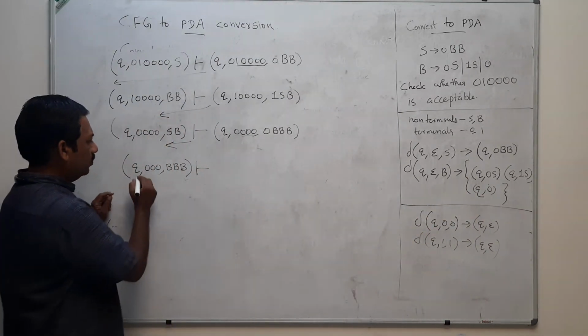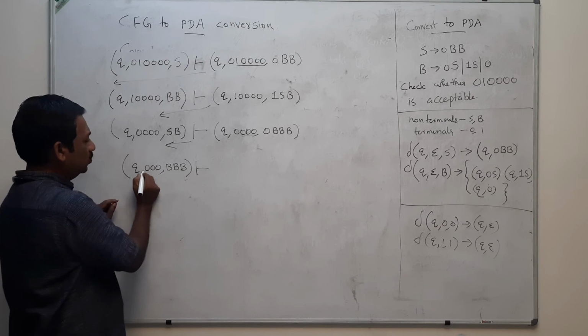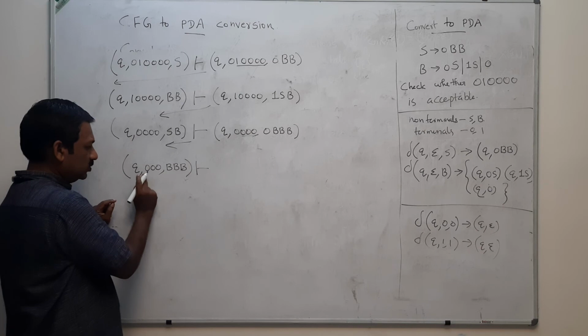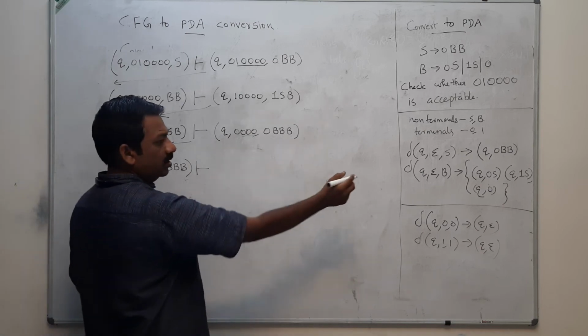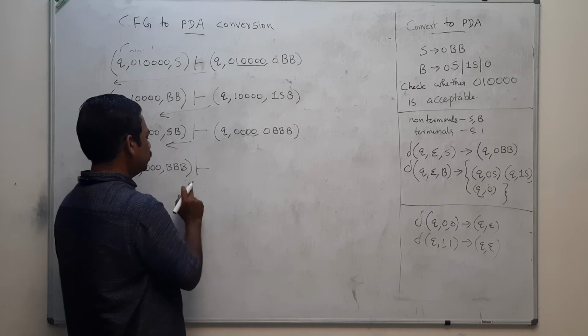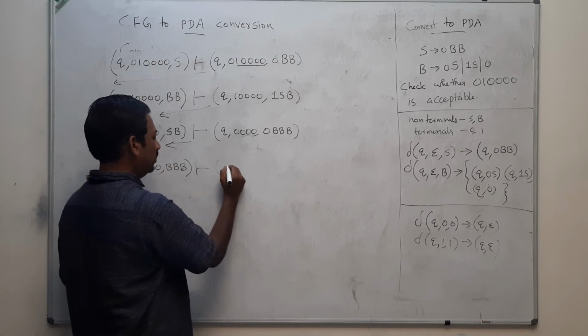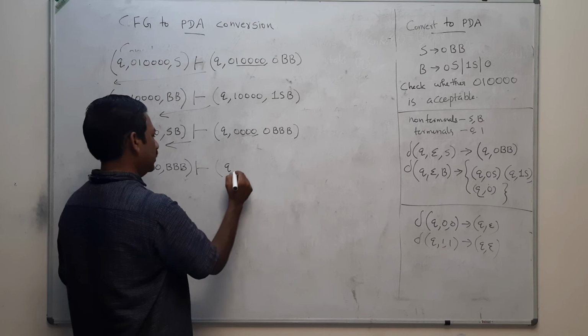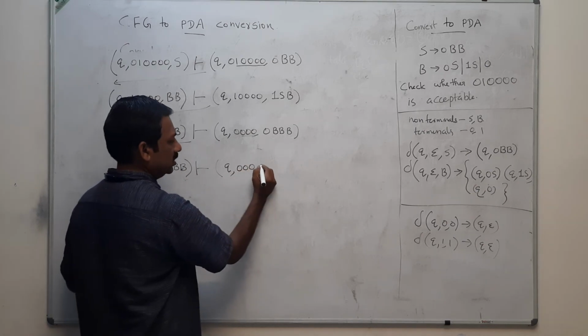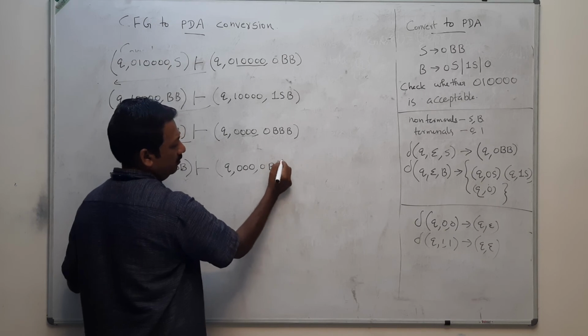Now when this is Q epsilon and blank symbol, epsilon and B, Q0, after popping this B, you are pushing 0 and now that becomes Q 0 0 0 and this is 0 B B.